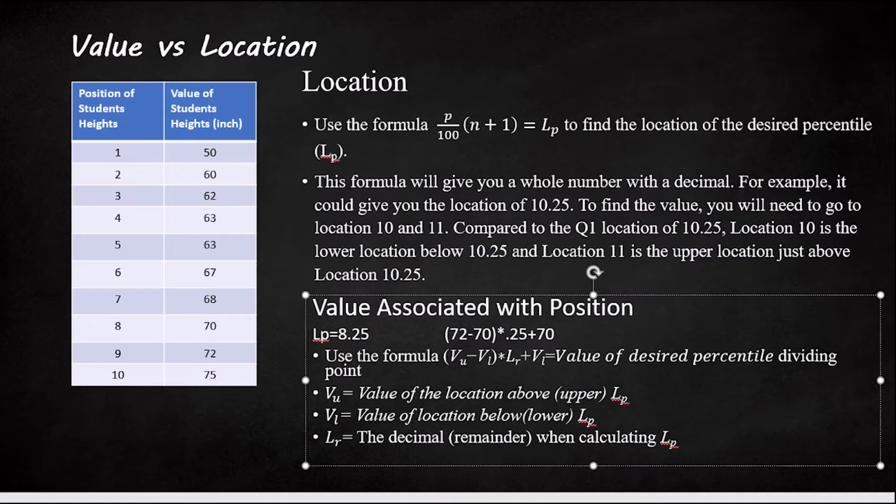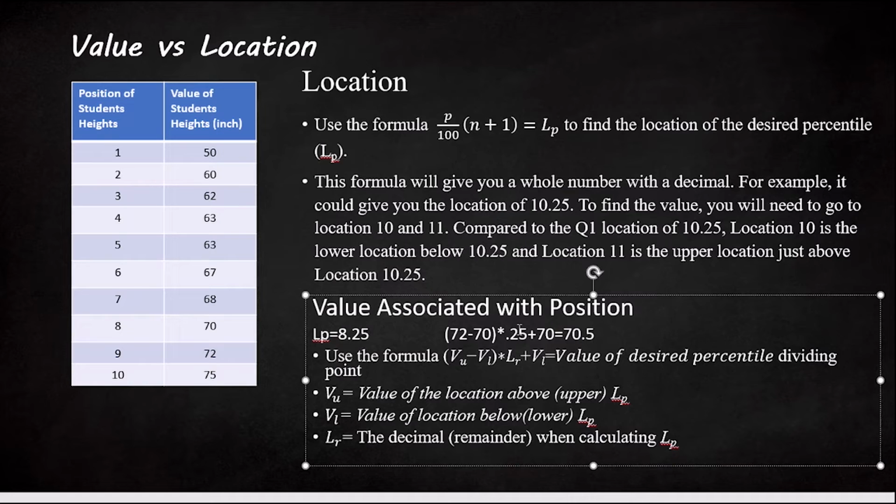Then 0.25 multiplied by 2 gives you 0.5, plus 70 equals 70.5. So the value of Q3 is actually 70.5.